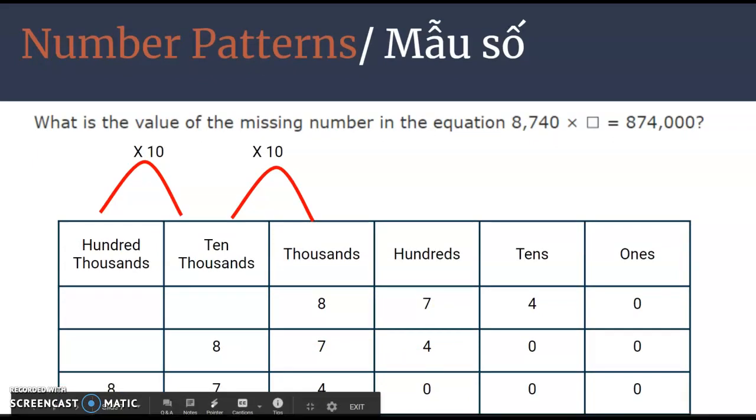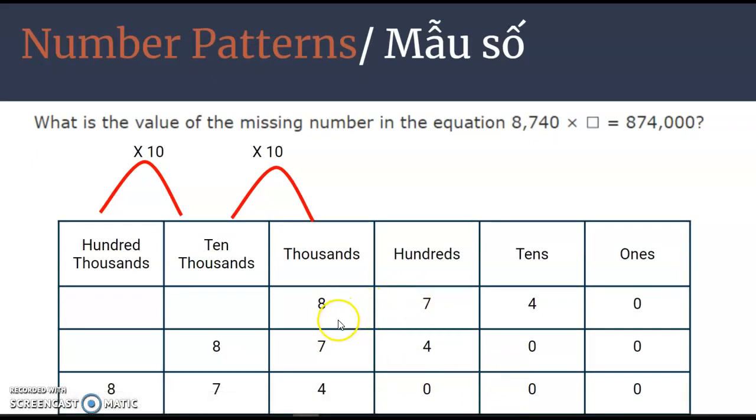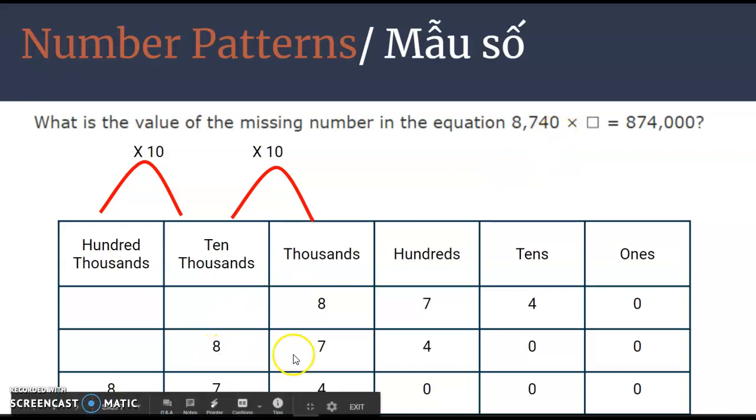And in my place value chart, you can see how I started with 8,740. And I need to get this 8 to 800. So first I multiply it by 10. And when I multiply 8,740 by 10, I get 87,400.